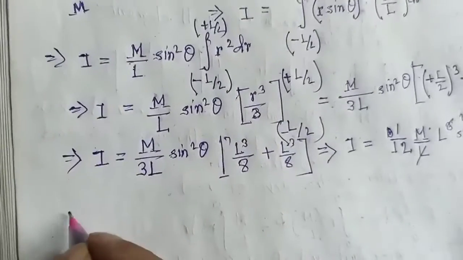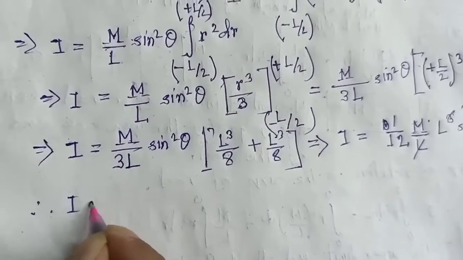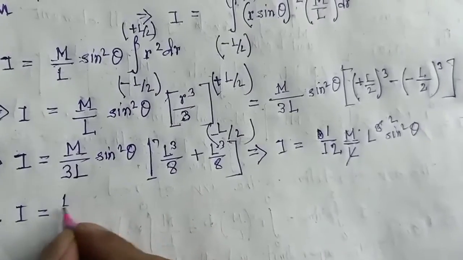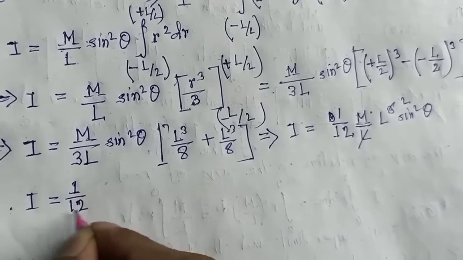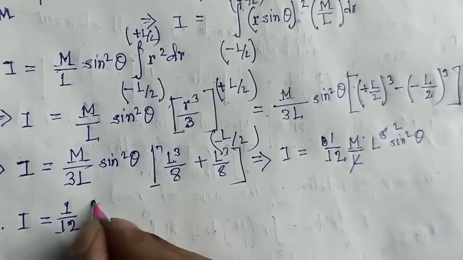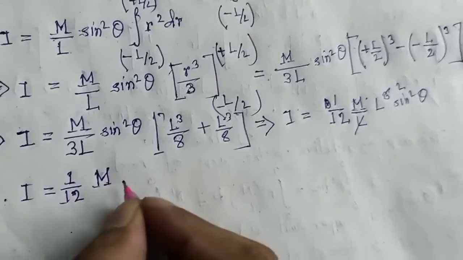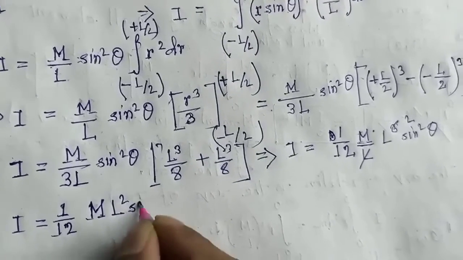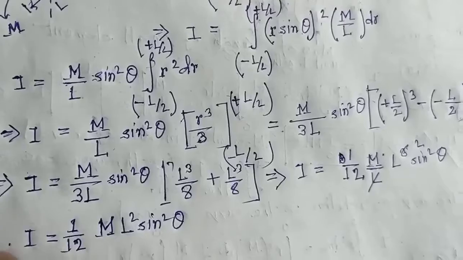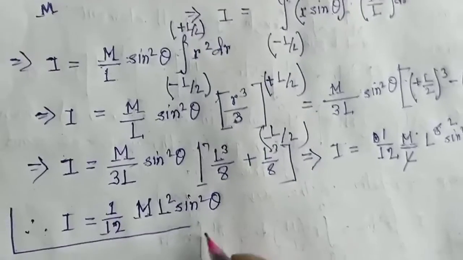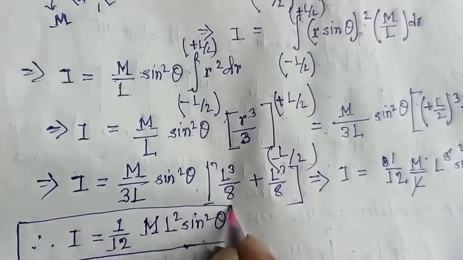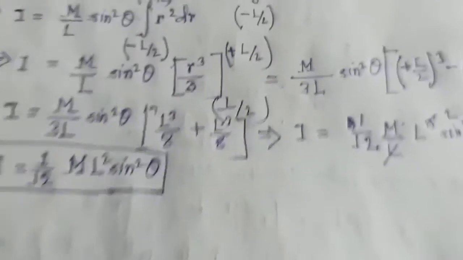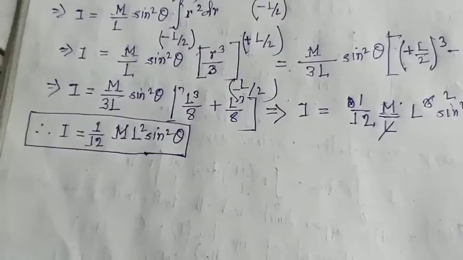So I becomes 1 by 12 m L square sine square theta. So this is the moment of inertia for this type of rod.